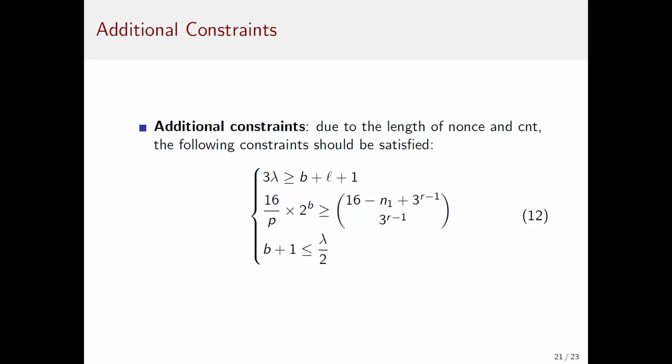And the second constraint states that we can collect so many low degree equations from 2 to the b input pairs. And the last constraint states that the same key can only be used to encrypt up to 2 to the lambda by 2, I mean the counter. This is the maximum value of the counter, 2 to the lambda by 2.